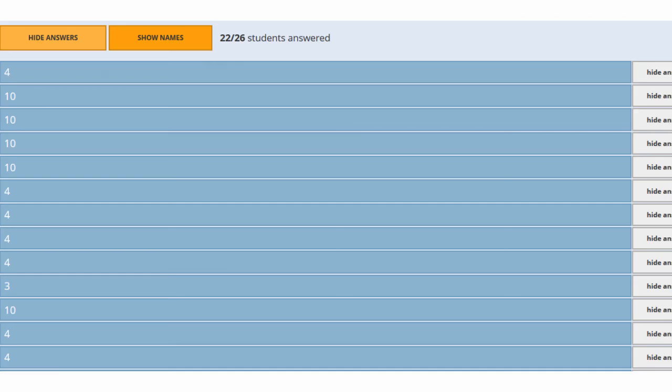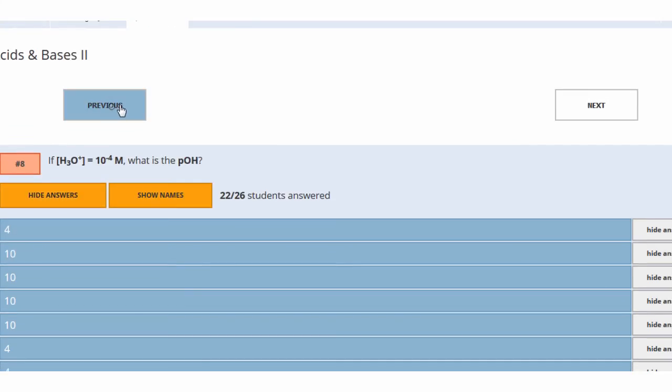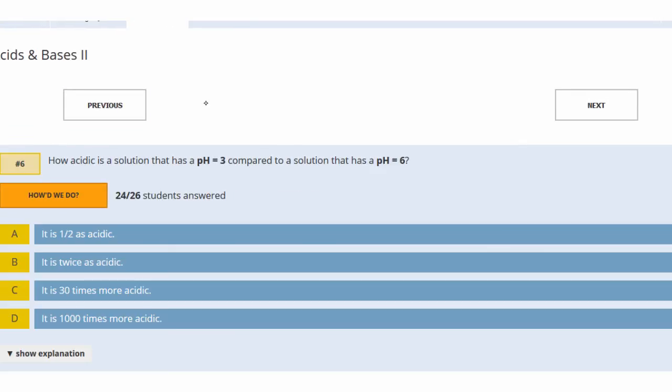Okay. Then, if we were to make a table like this, and let's say we want to compare the pH to the hydronium ion concentration. And now this refers back to the question we had here. We said that the correct answer was, at a pH of 3, it is 1,000 times more acidic.